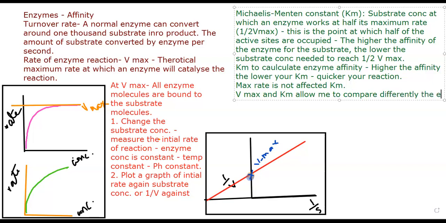The Vmax is telling me what is the maximum rate at which a reaction is possible, what is the maximum speed a reaction can occur at, while Km is telling me the affinity. What is the affinity of the enzyme for the substrate, right?